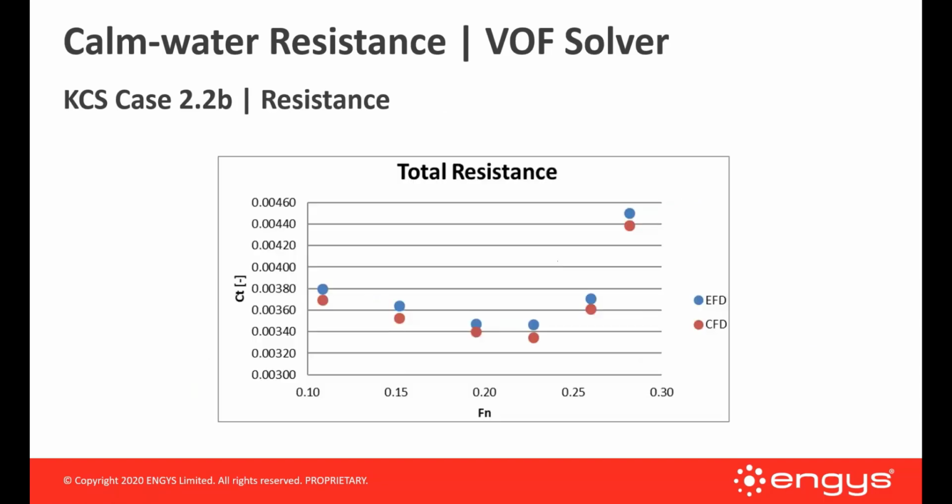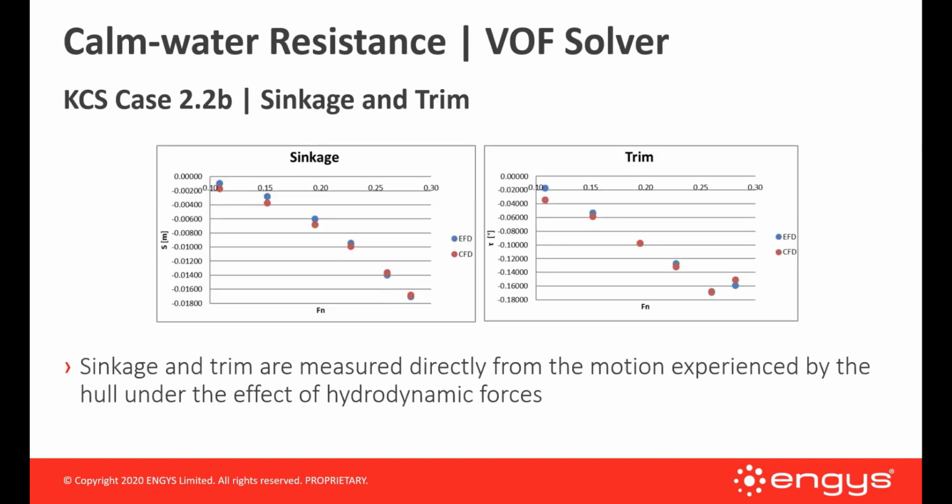In terms of quantitative results, this is the total resistance curve for the different speeds. And you can see in blue the experiments, in red the CFD. Then this is again using a specific grid which was kept fixed during the total resistance curve study.